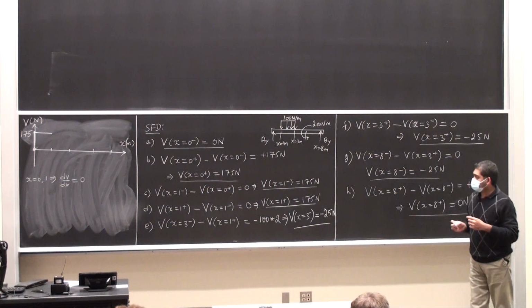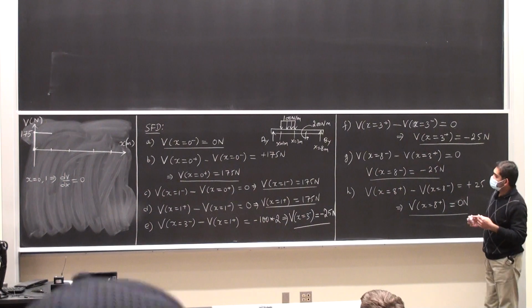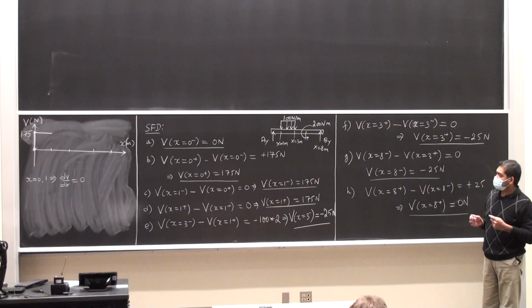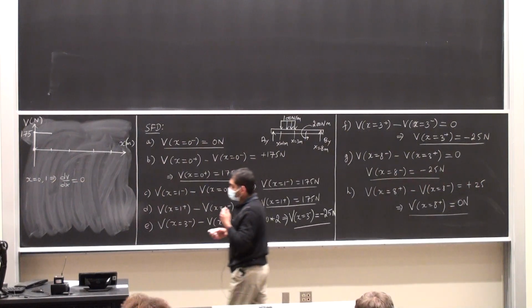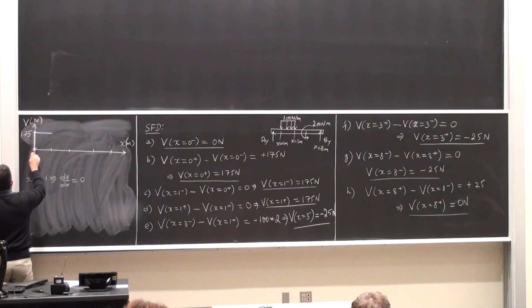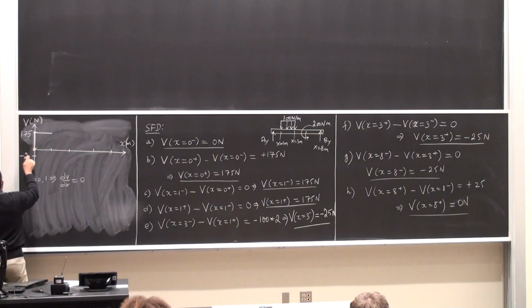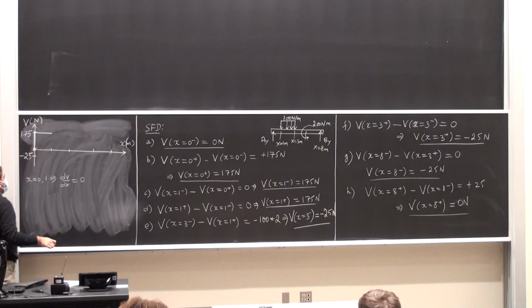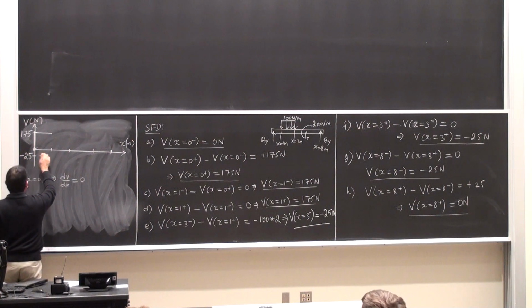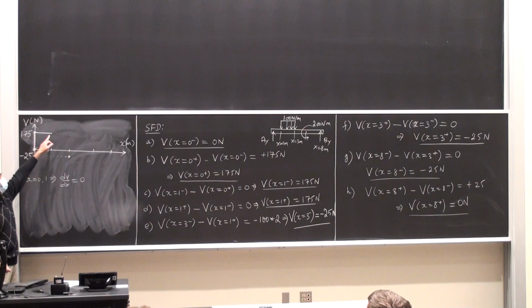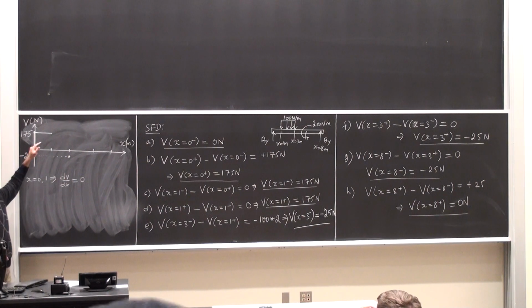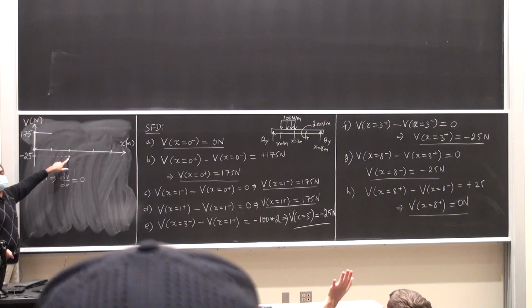Then I see, okay, there is something funny going on at x is equal to 3. It's minus 25, so I first mark minus 25. Okay? I need to be here. I am here. How do I go from here to here?